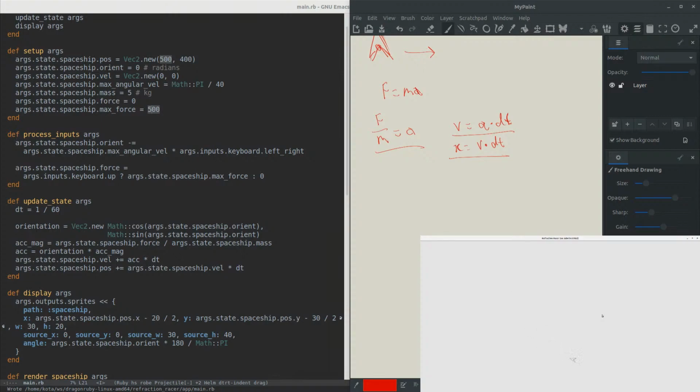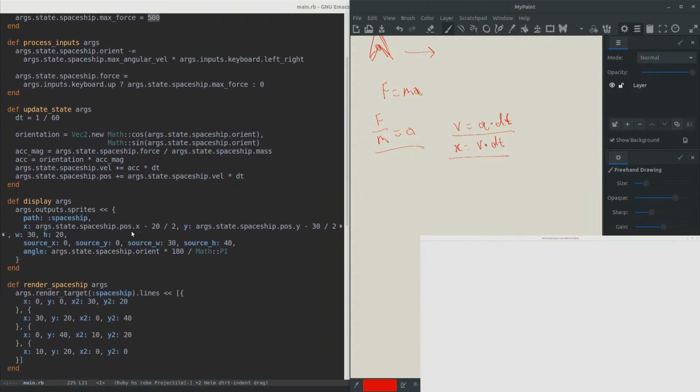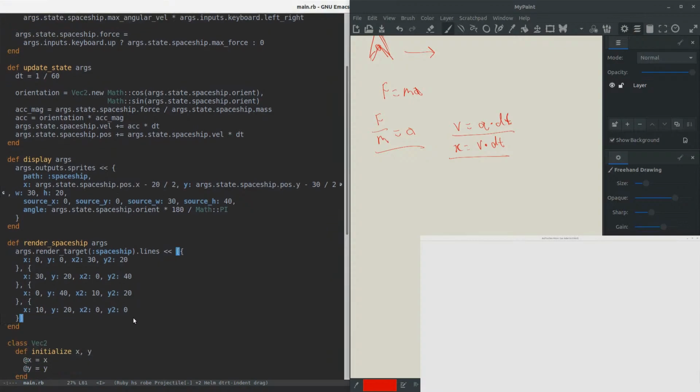We'll do intersections next. So intersections, there are a few different ways you can approach it. I'll just leave this flying here. Can you even see this? I mean, it must be kind of small. Maybe I'll add a cube to this just to make it easier to see. args.render target, spaceship, and we'll just add a solid.